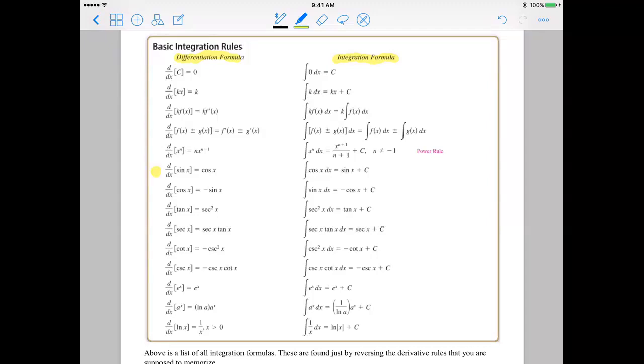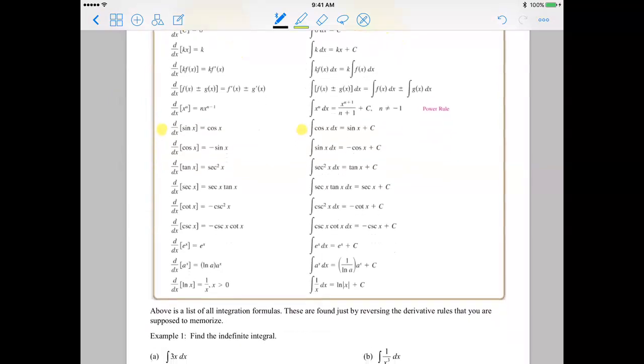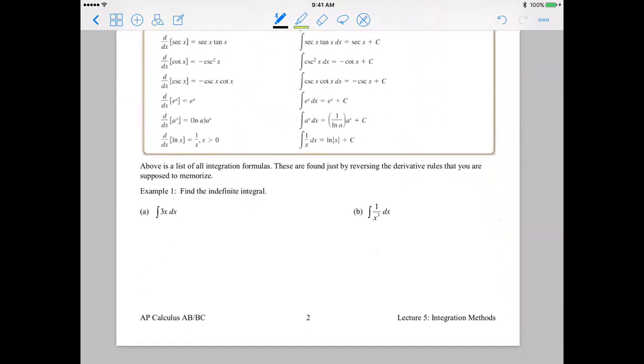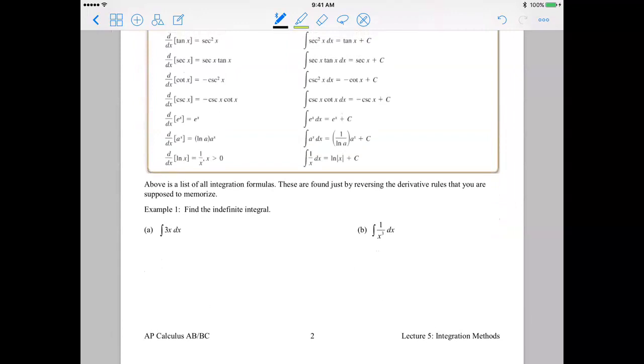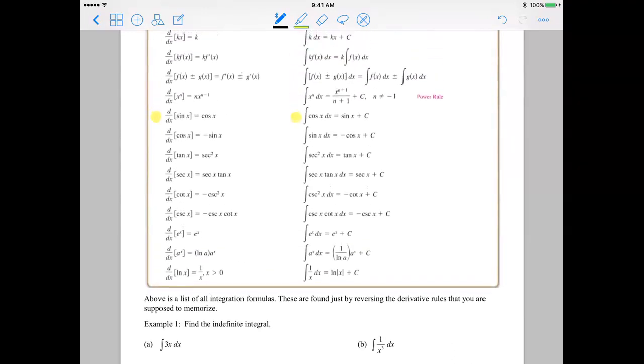The derivative of sine is cosine, which means that the antiderivative of cosine x dx is sine x plus some constant c. Please make sure that you don't forget about this plus c whenever you're taking an indefinite integral. Make sure that you have all of those memorized.